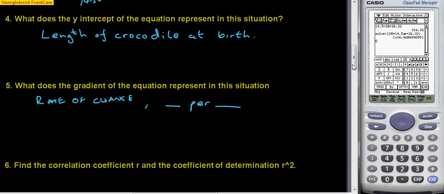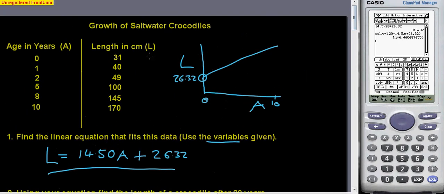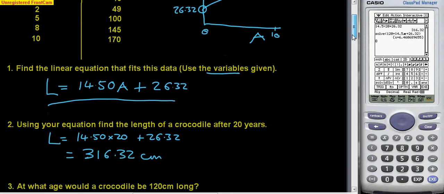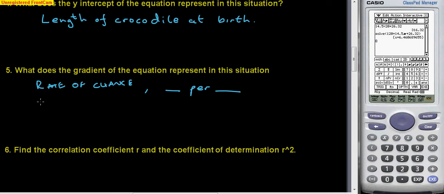In this case, we're talking about saltwater crocodiles, and our rate of change is the rate of change of the length, or in more ordinary talk we would call that the growth rate. It is measured in something per something, and in this question it is going to be measured in centimetres per year, because our units are centimetres and years. And I think that's where I'll stop this second part of this linear regression.